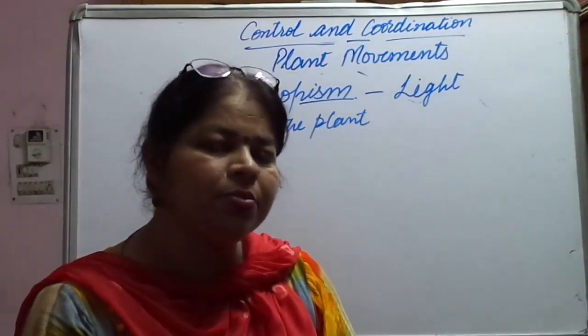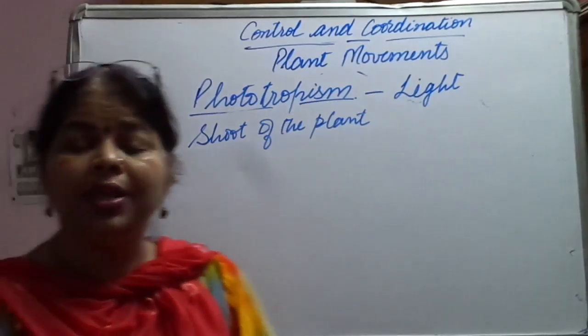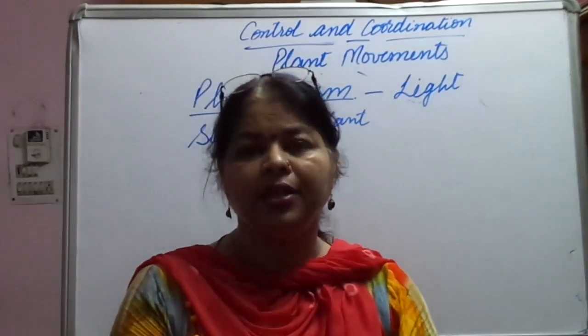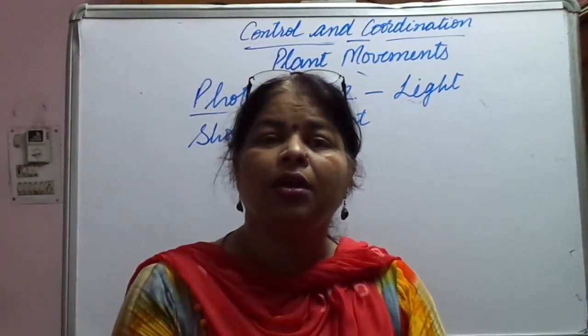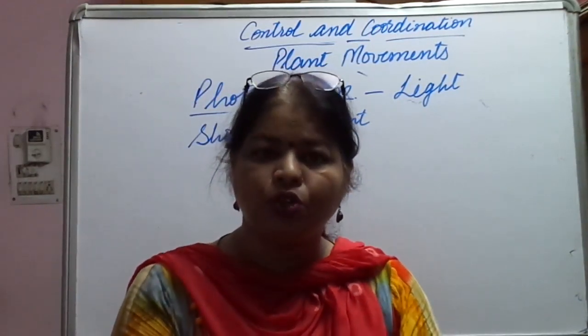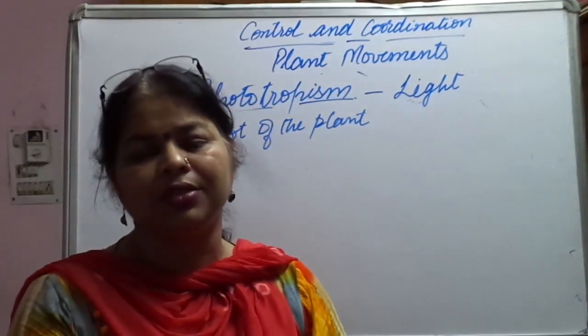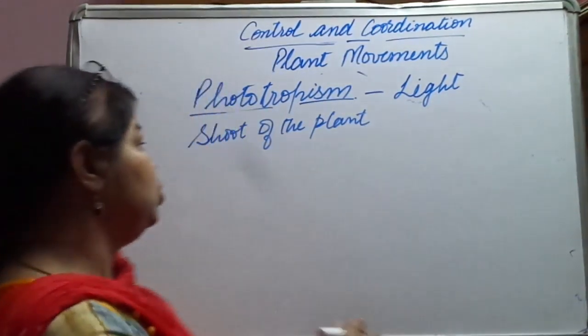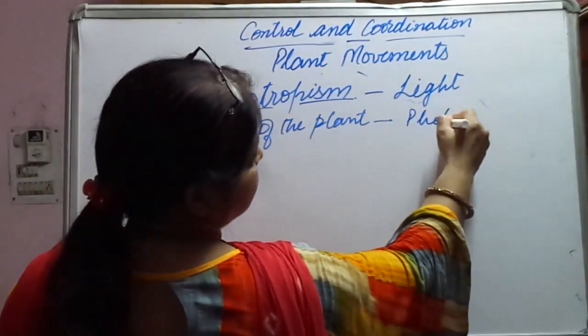Okay, what does it mean? It means that the shoot of the plant is dependent on light. The light is acting like a stimulus towards which the shoot has responded by bending. So shoots of the plant are phototropic.